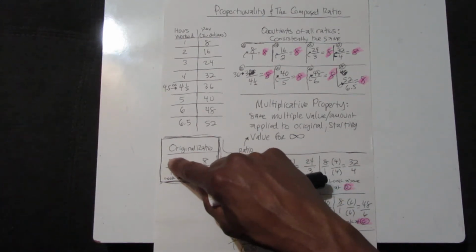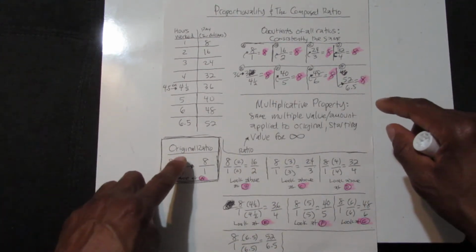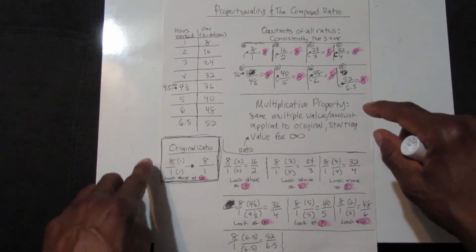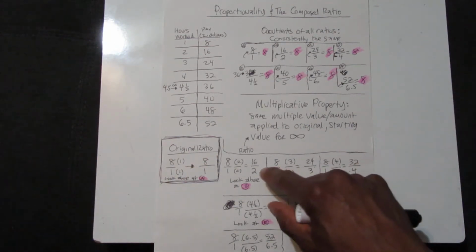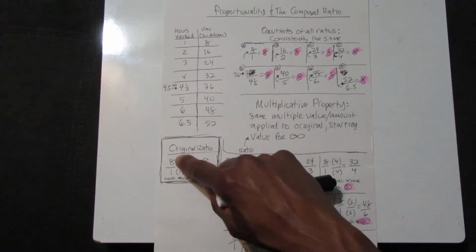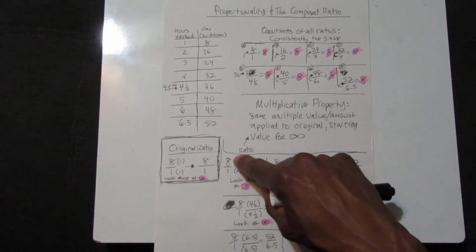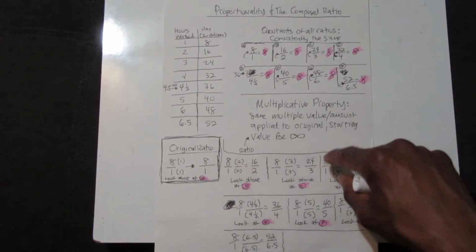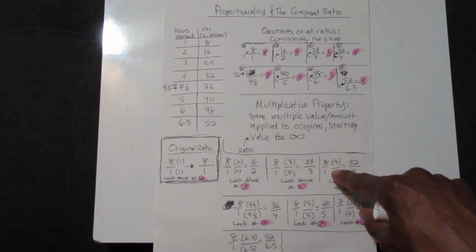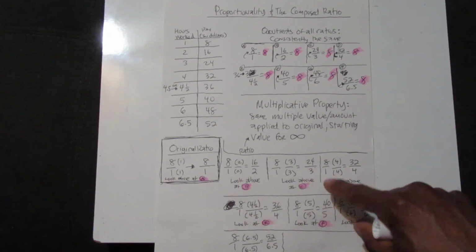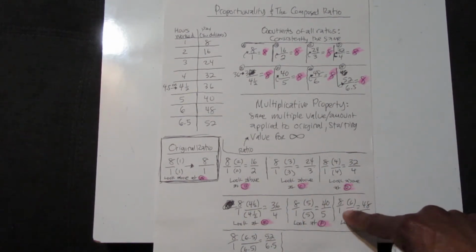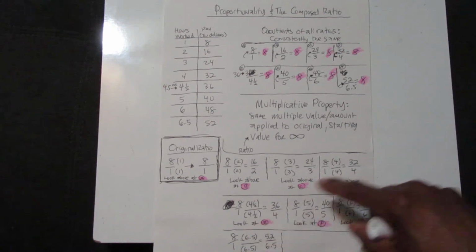The original was 8 over 1. So I'm moving from applying 1 to the numerator and denominator to applying 2, then 3, 4, 4.5, 5, 6, 6 5/10.